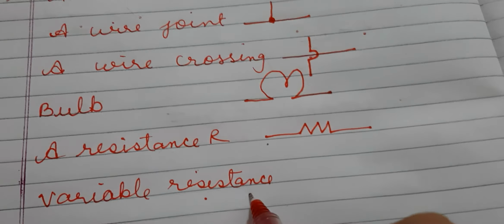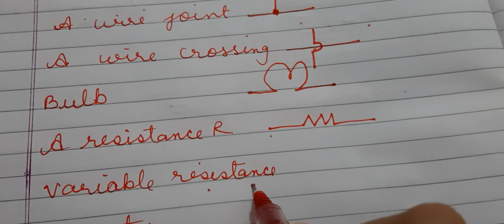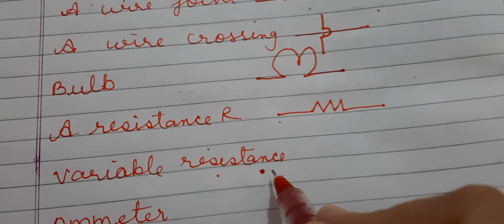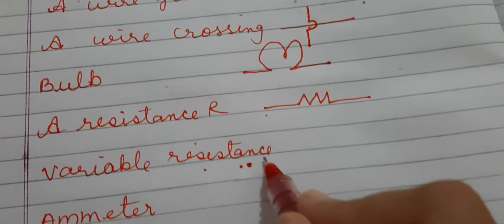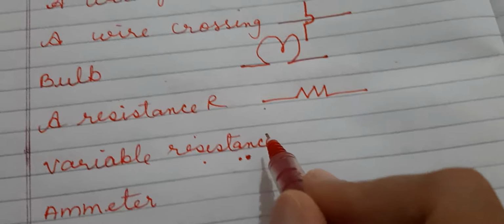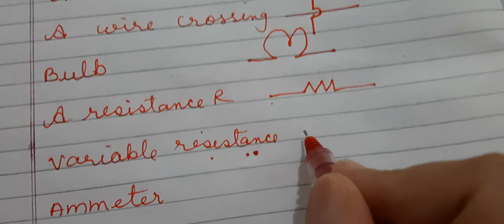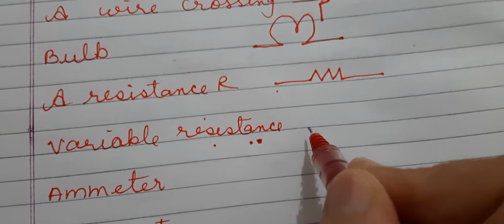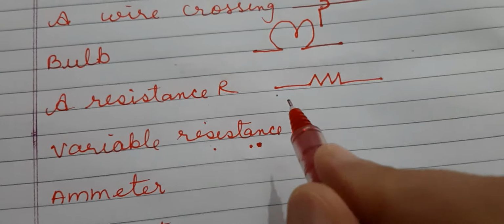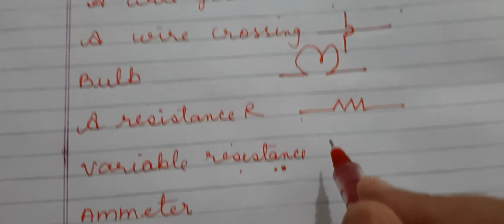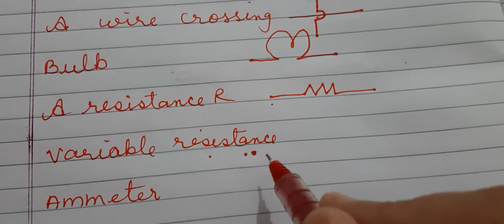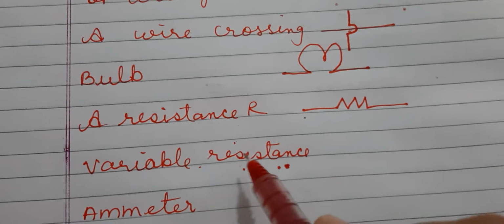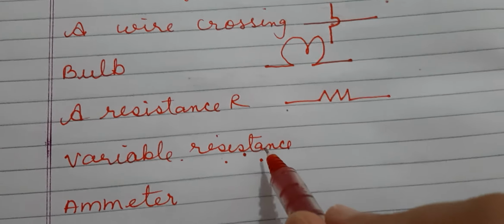Now the variable resistance. What is variable resistance? It is a device which is used to change the resistance in a circuit without interrupting the current. Suppose in a circuit we are doing some experiment and we have to change the resistance of that circuit. In that circuit we will use the variable resistance or rheostat.